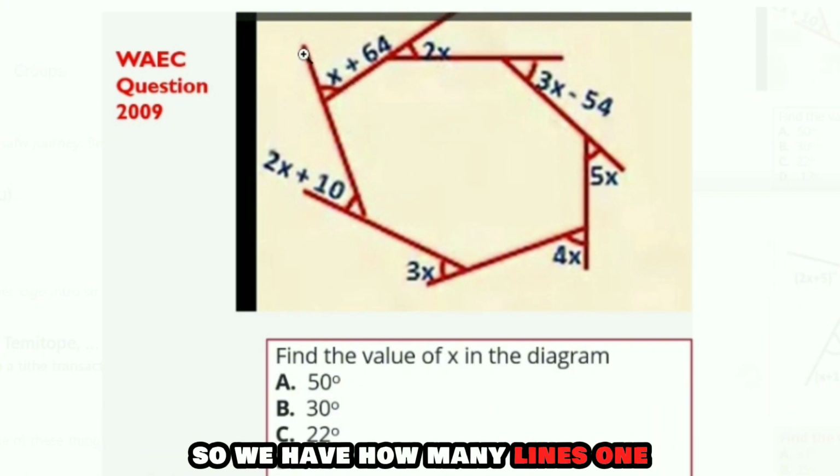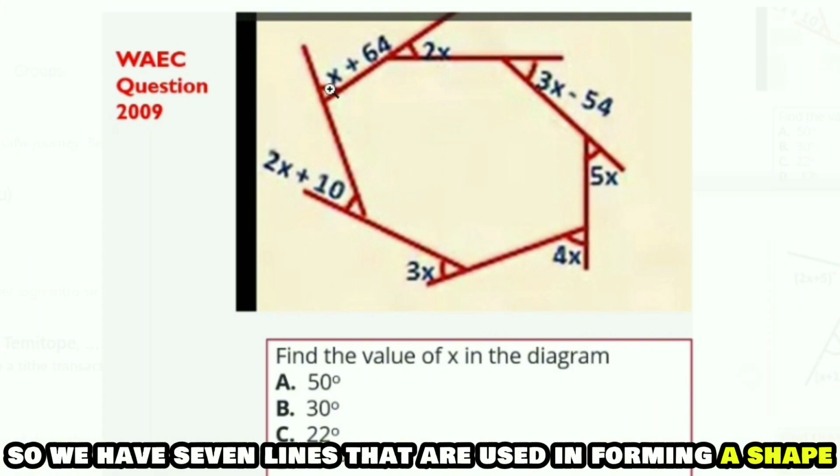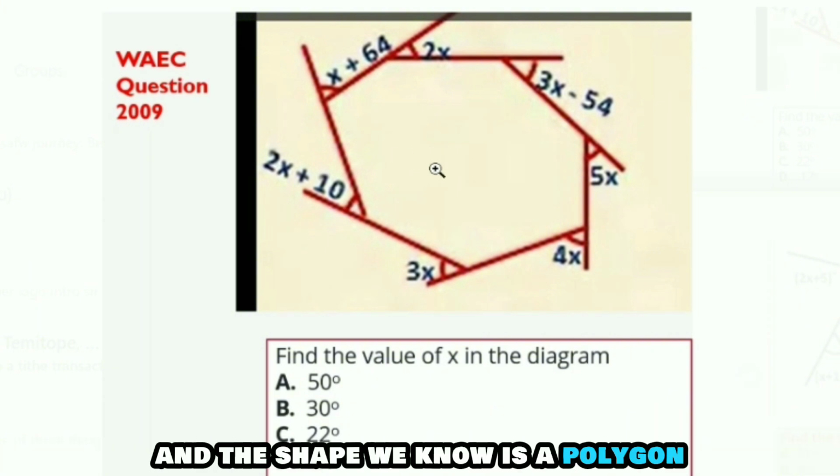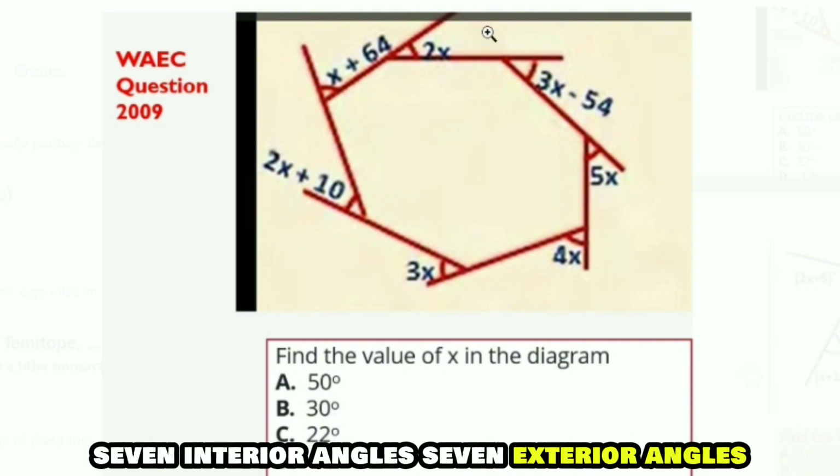So we have how many lines? 1, 2, 3, 4, 5, 6, 7. So we have 7 lines that are used in forming a shape, and the shape we know is a polygon. It is sure to have 7 interior angles and 7 exterior angles.